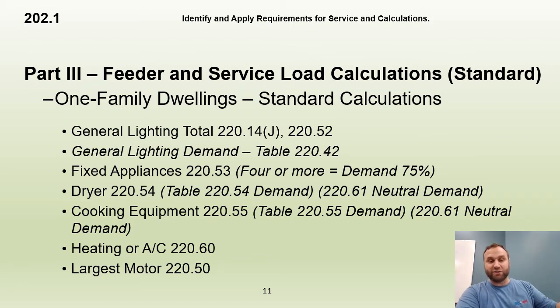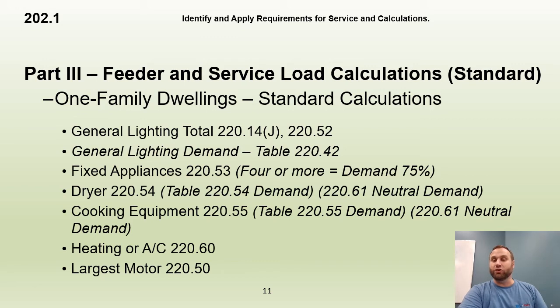220.54, okay, so that was step 2. Step 3, 220.54, electric clothes dryers. We'll find that electric clothes dryers are not considered a fastened in place appliance. They have a demand all to themselves, and that's found in table 220.54 as well as 220.61.